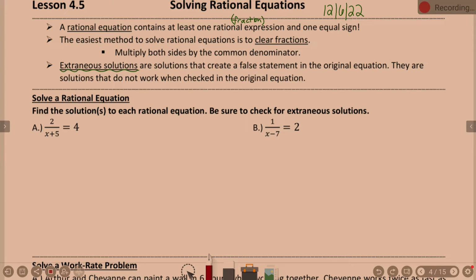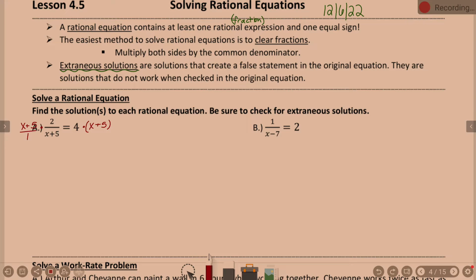And so the easy thing here, when you just have one fraction, is we're going to multiply by that denominator. If I multiply the left by x plus 5, guess what? We're going to multiply the right by x plus 5. Now on the right, I'm going to think of it as being in parentheses. On the left, I'm going to think about it as a fraction. So think about what happens here.